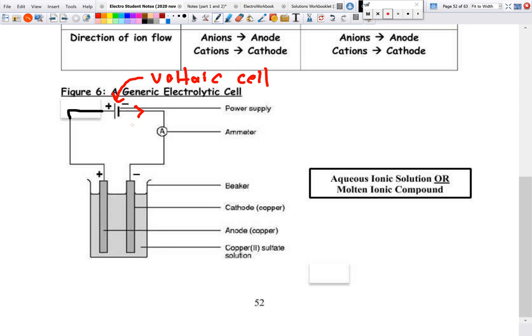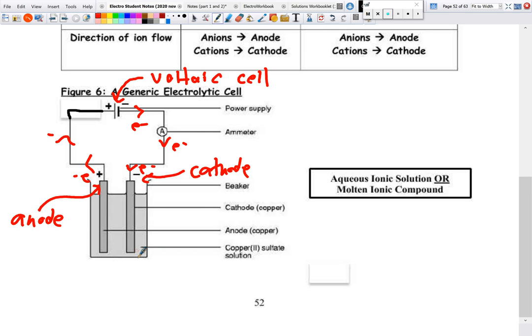The electrons are going to push their way into here and then go down here to our negative terminal, which is the cathode. And what is going to happen is that it's going to draw the electrons from our anode, which is right here. So that is how they're still going to work. Now here we actually have stuff listed like cathode right there, anode here, copper 2 sulfate solution there. So that's generally how they're set up, and like I said, the power source is the main thing right here.